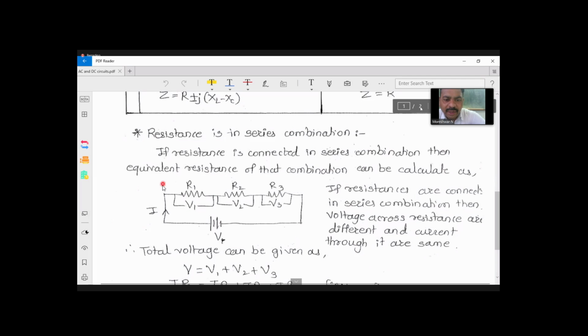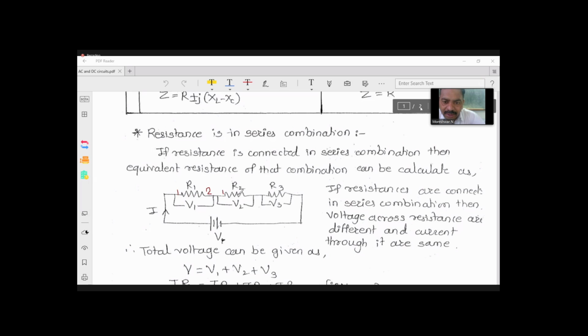Okay. So what will happen? Suppose this is terminal number one of resistor number one, and this is terminal number two of resistor number one. In the same way, resistor number two has two terminals. This is terminal number one, and this is terminal number two. We want to see the difference between series and parallel combination.